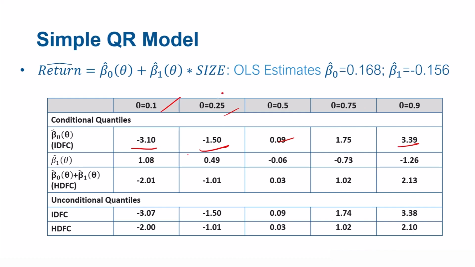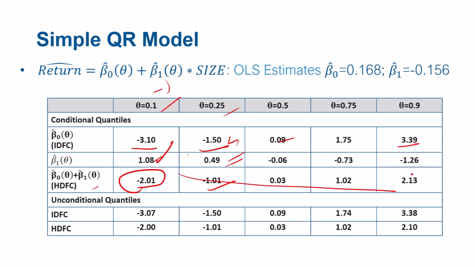The difference between the medians of IDFC and HDFC is this. If I add this with this, it becomes minus 2.01, which is your quantile value for HDFC for the corresponding quantile. Similarly, if I add this and this, it becomes my corresponding quantile value for HDFC as per quantile regression.